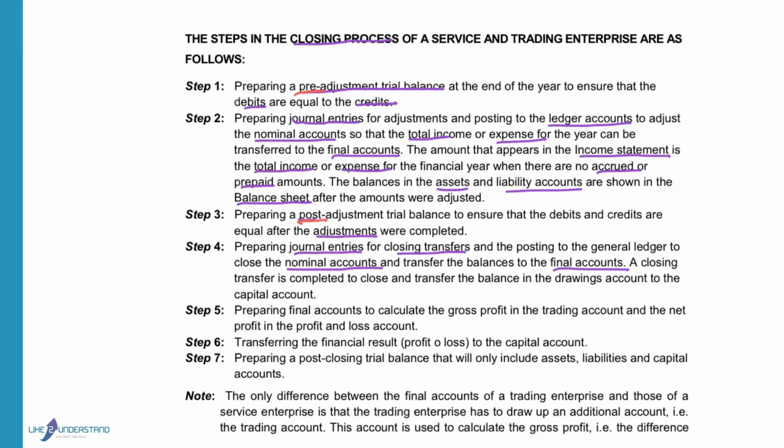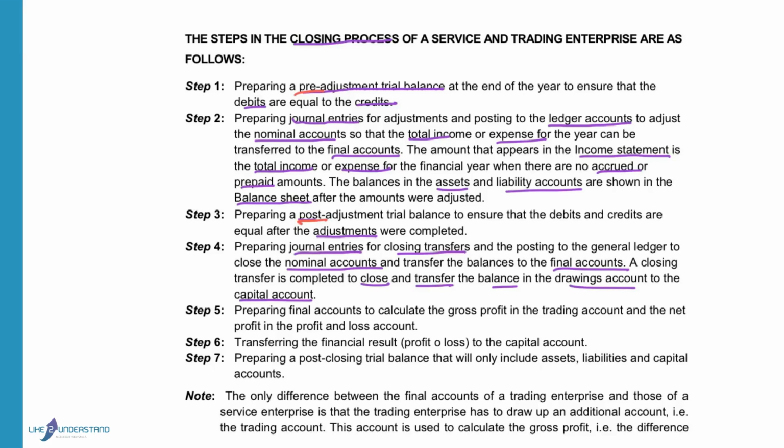The purpose of the closing transfer is to close the account and take the balance in the account and transfer it to your final accounts. And you will also take the balance in your drawings account and transfer it to the capital account. That means you've got no nominal accounts left over after the closing transfers because all the balances were transferred.